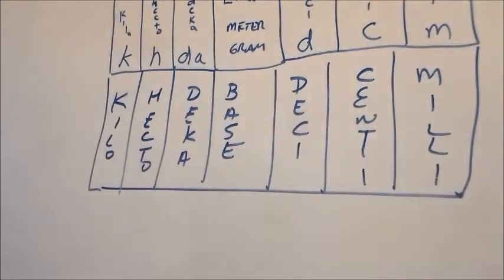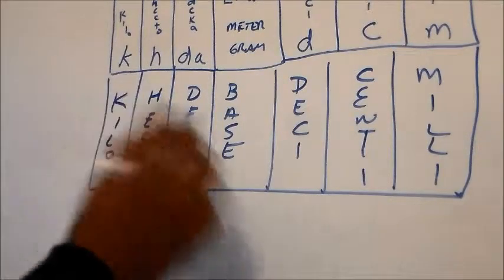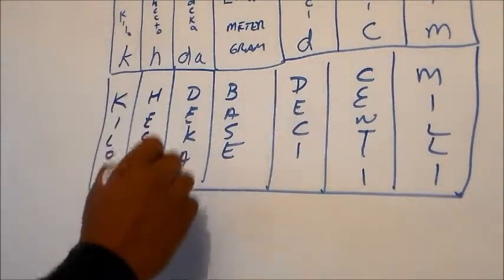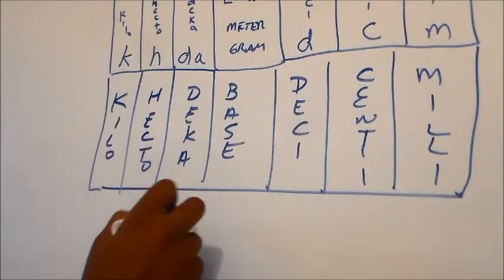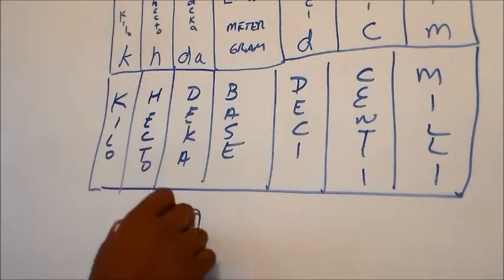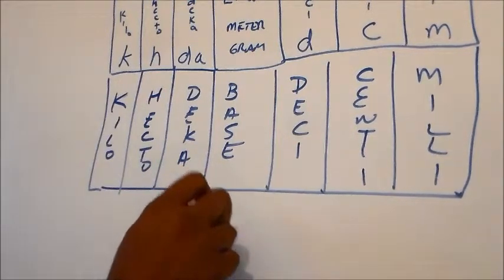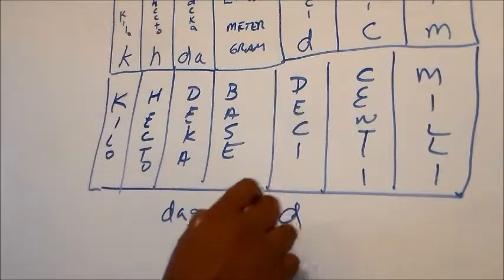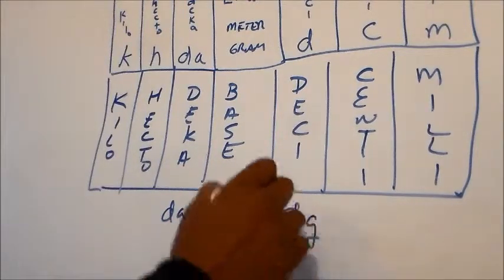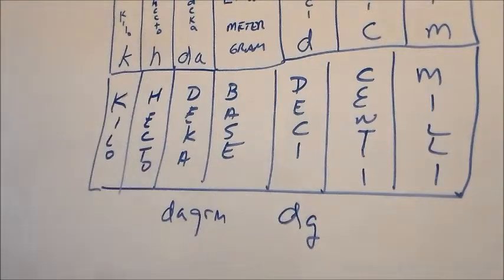Let's try another one. We're going to deal with hectos a lot. Let's try hecto. Okay, and you have to be careful because deca is DA. So decagram will be DA, decagram as opposed to a decigram. So we have to watch that.